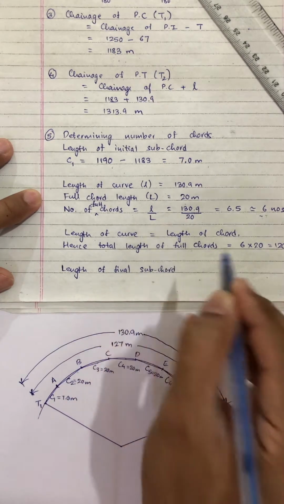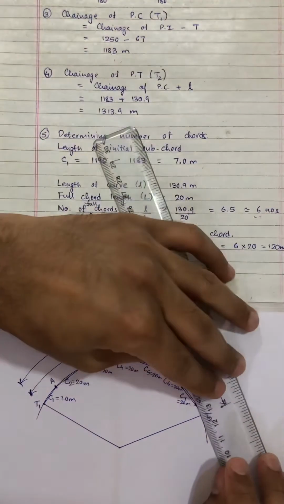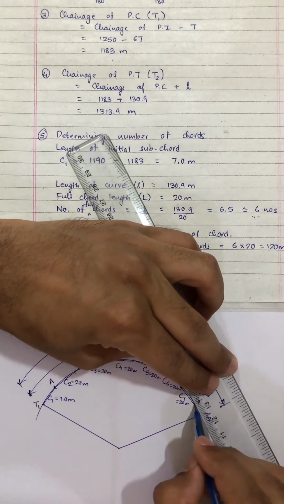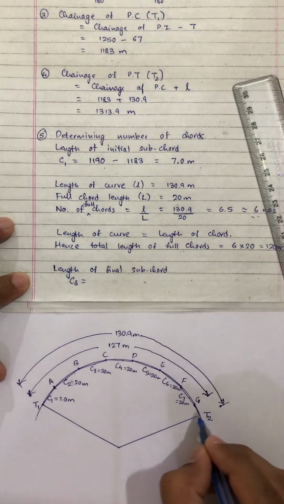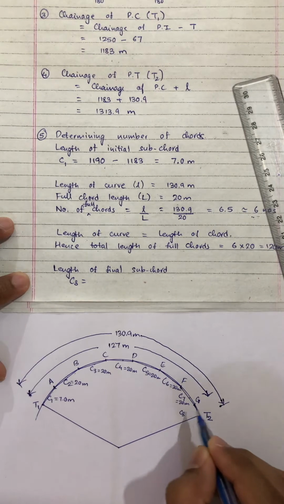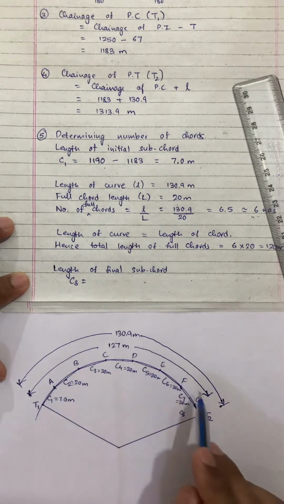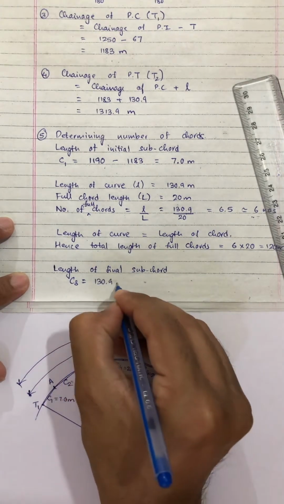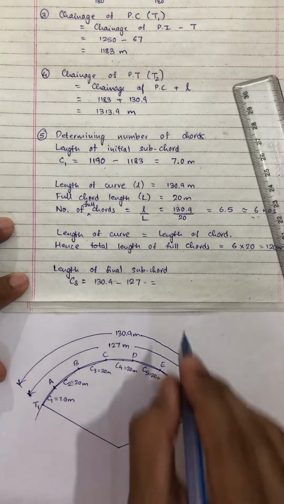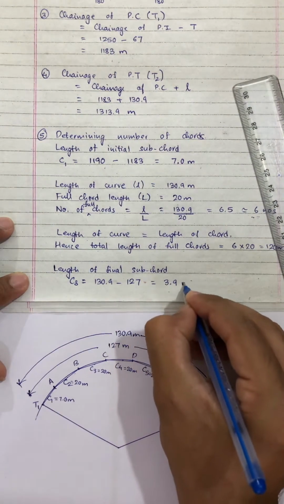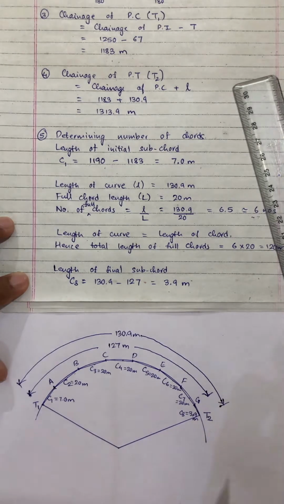Let us call it the final subchord between G and T2, subchord C8. This C8 will be equal to 130.9 minus 127, and this value comes out to 3.9 meters.